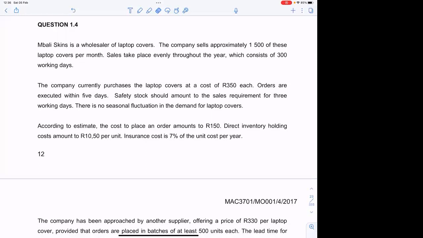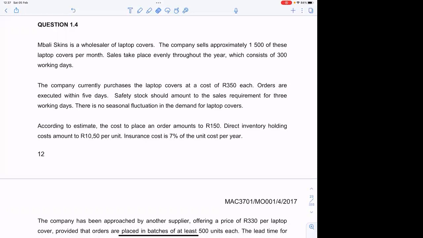Does my rent increase with the level of activity? You ask yourself. Most of the time rent is a fixed cost. Whether you store 100,000 or 50,000, your cost does not change. So therefore it is not relevant. You understand? So you go back to your basics.